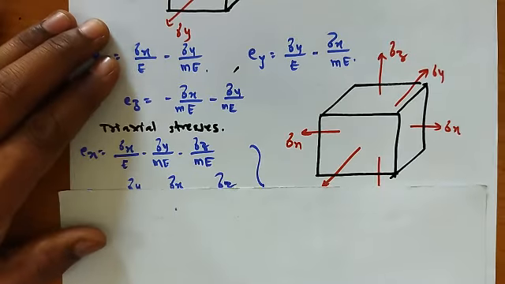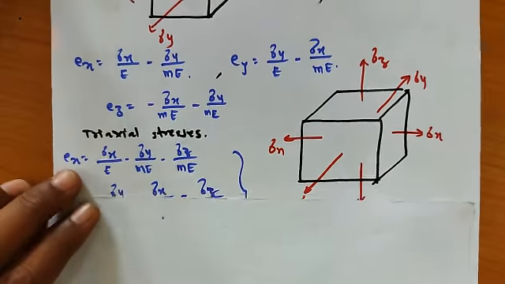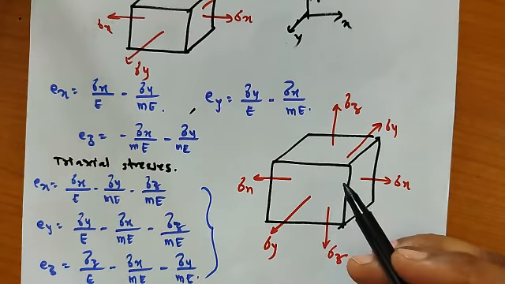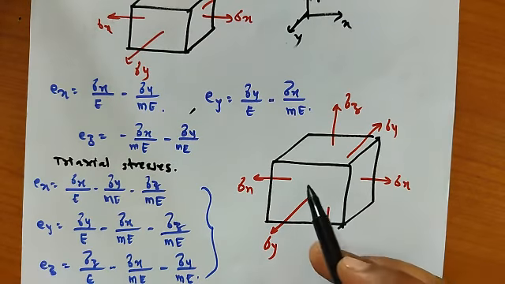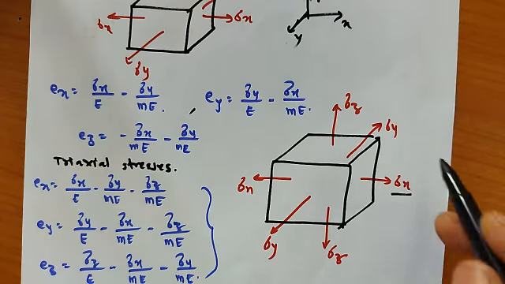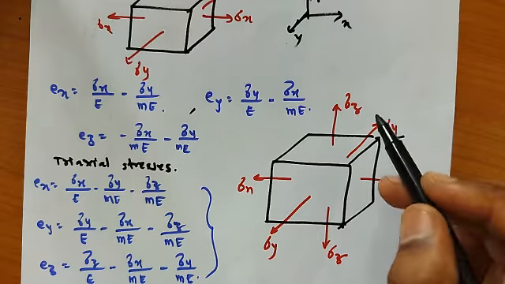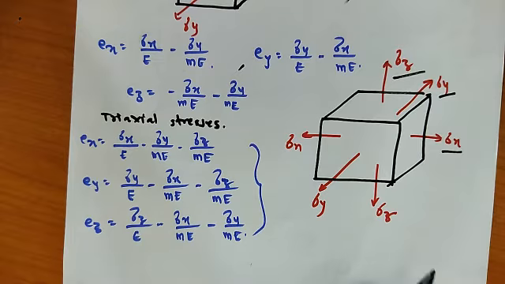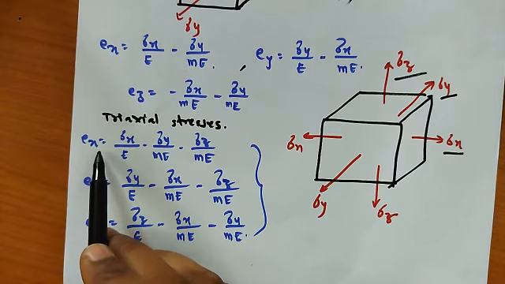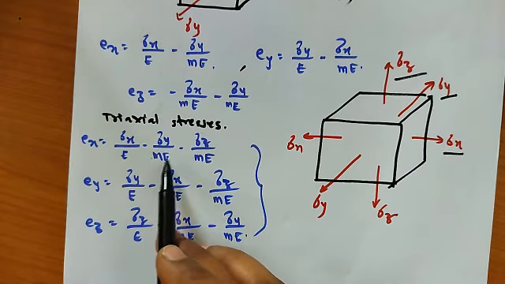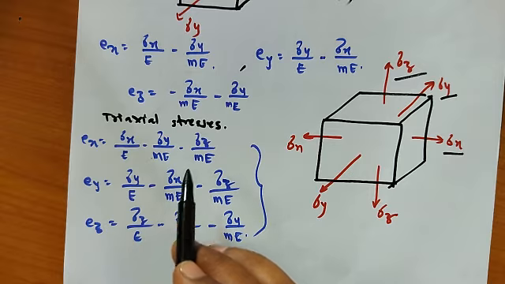Now the last one is the triaxial stresses. For triaxial stresses we have considered a rectangular block, just as we have seen in the derivation. This block is subjected to sigma X stress in X direction, sigma Y stress in Y direction, and sigma Z stress in Z direction. Due to that, strain is developed in all the directions. The X directional strain E of x is equal to sigma X by E minus sigma Y by mE minus sigma Z by mE.